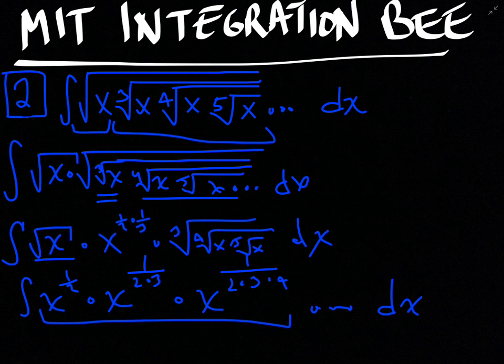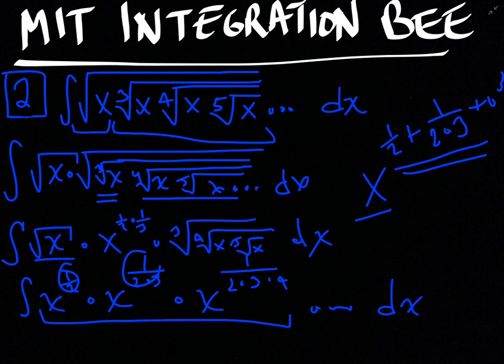Well, these all have the same base with different exponents, so we can combine the exponents with one common base. So it'll look like x to the 1/2 plus 1/2 times 3, plus the rest of it. We're writing it with one common base, and we're just adding all the exponents.